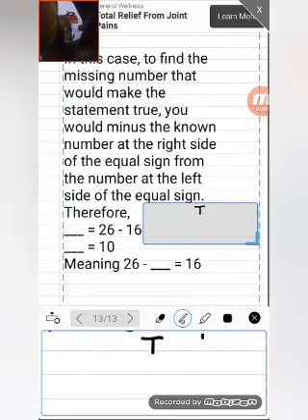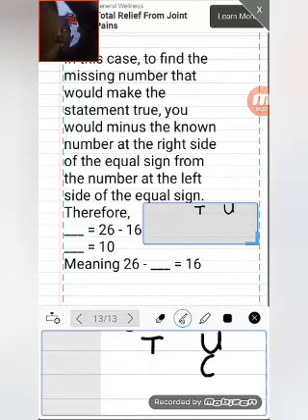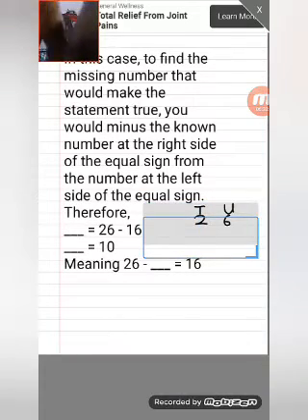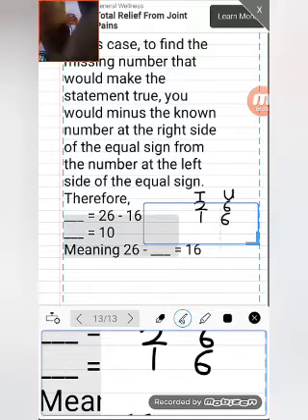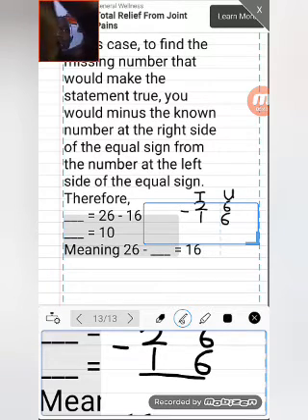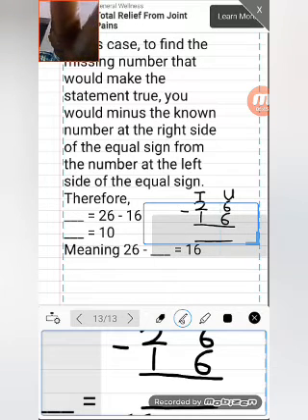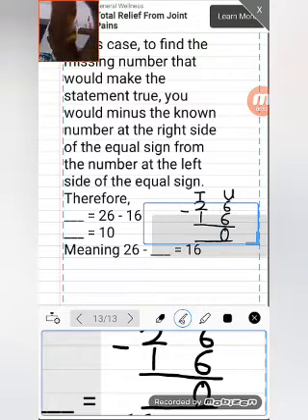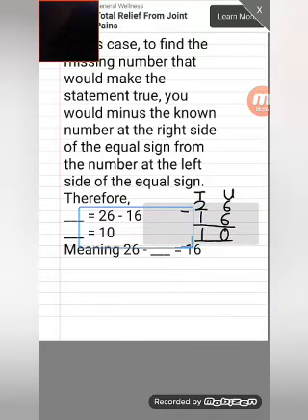Because there are 2 digits, tenths and units, 26, which is the bigger number, you write it at the top, 6 at the units, then 2 at the tenths, then 16, 6 here, then 1 here, then minus. So we now have 6 minus 6, that is 0, 2 minus 1, that is 1. So meaning 26 minus 16 is 10.